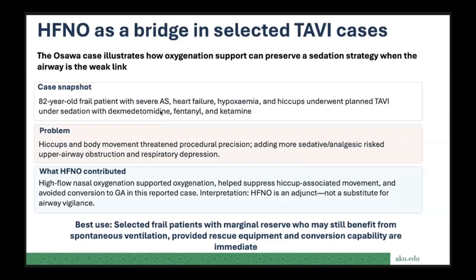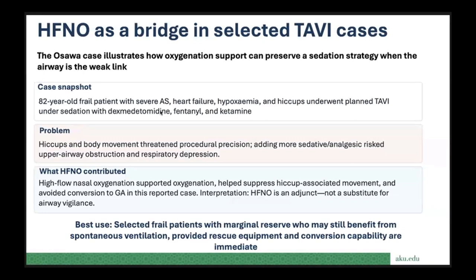The problem that arose during the procedure was hiccups and body movement, which threatened the procedural precision, while adding more sedative analgesic risked upper respiratory obstruction and respiratory depression. So what did this strategy contribute? They mentioned that it supported the oxygenation, helped suppress the hiccup-associated movement, and avoided conversion to GA.